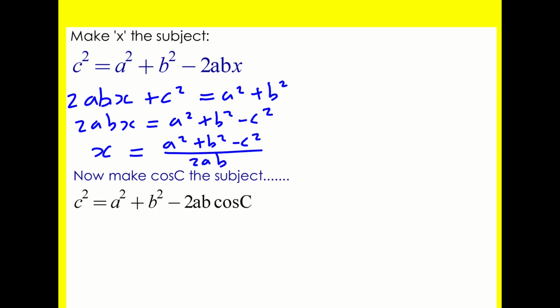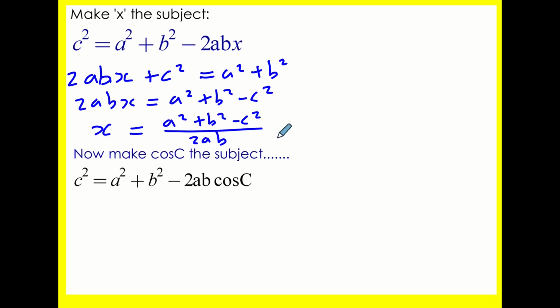That's it. So finally, can we make cos c the subject? Give it a go. It is the same process. I'm going to add 2ab cos c to both sides. Remember, it's cos of c, it's not cos times c.